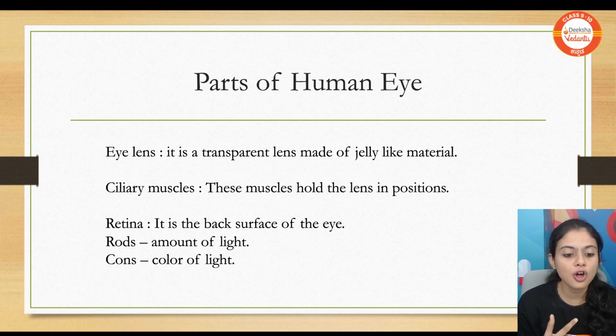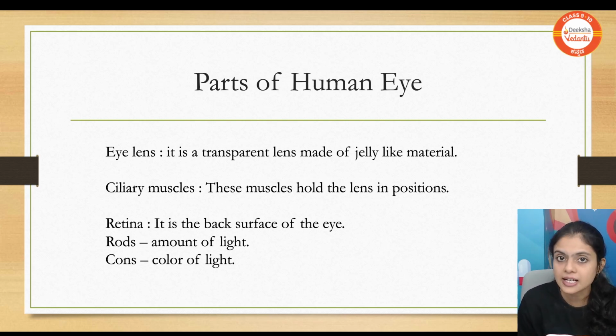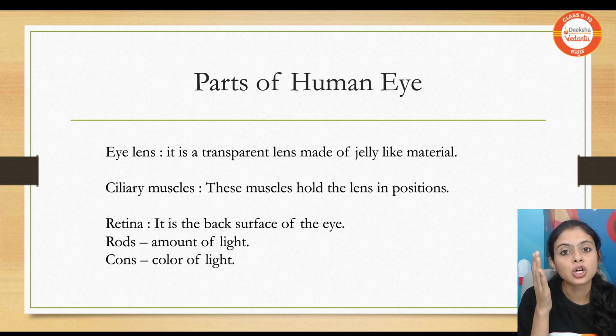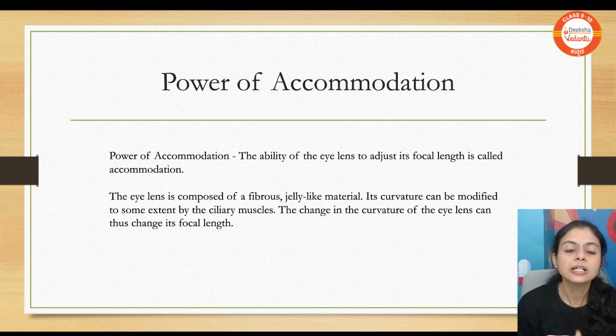And what's the function of cones? They detect the color of light. Which color, which wavelength is reaching our eye, is detected by cones. So remember this properly. Rods measure the intensity, the brightness of light, and cones measure the color of light. I hope that's clear.